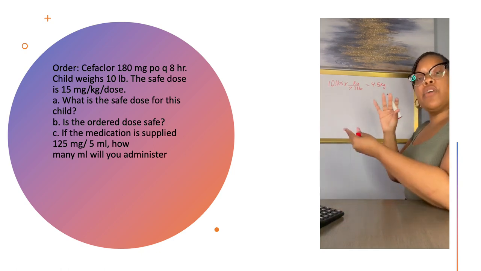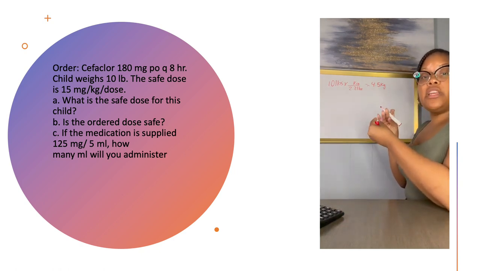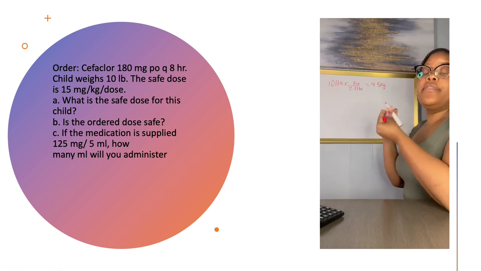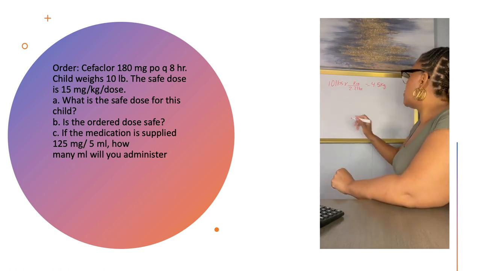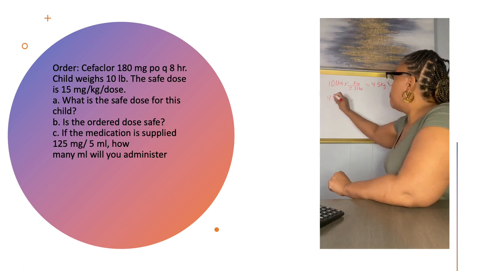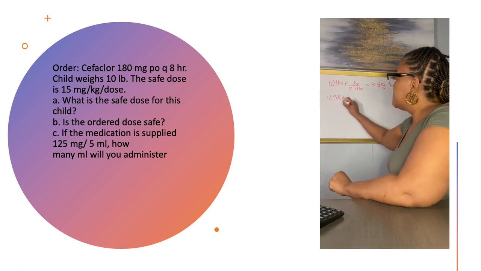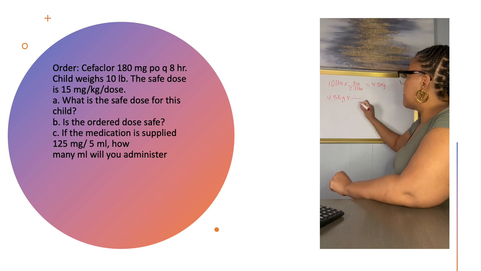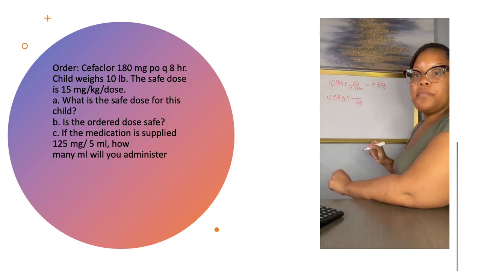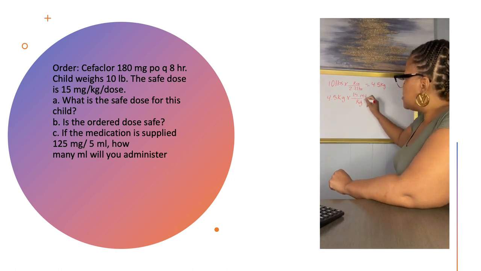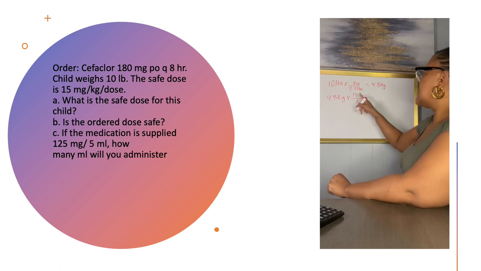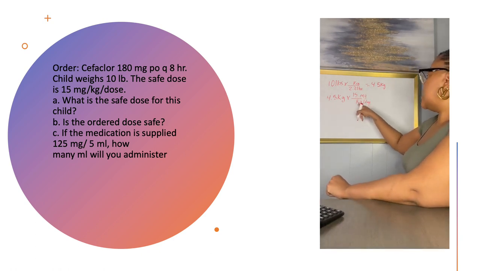So we don't have a range on this one. We literally just have the question saying, hey, this is the only dose that is safe. So we're going to do it by 15. We're going to start with our weight, 4.5 kg. And we're going to make sure we have kg on the bottom, and we're going to have mg on the top. So it's 15 milligrams per kg per day.